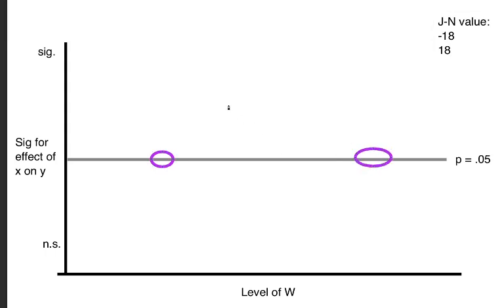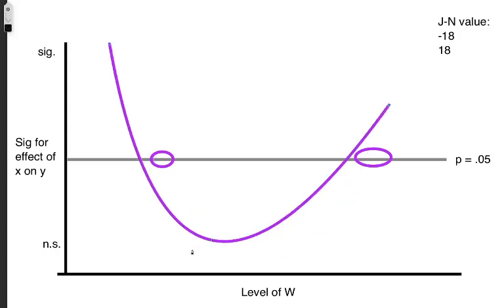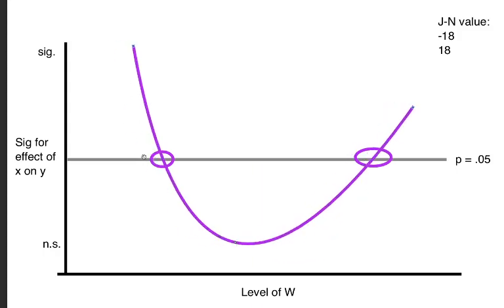Don't mind my beautiful drawing. This could look like two things. It could look something like this, where at low values it's significant, at high values it's significant, but at moderate values it's not.